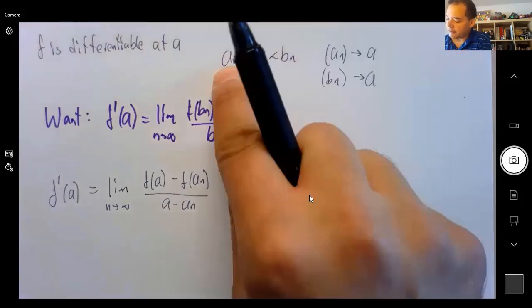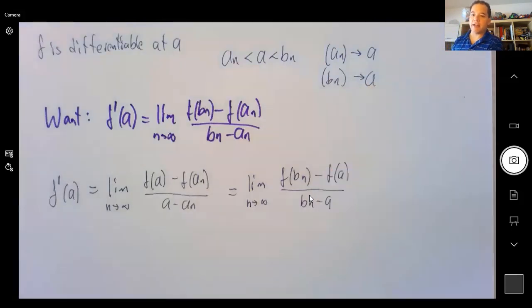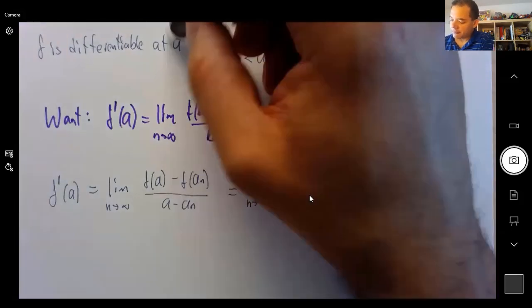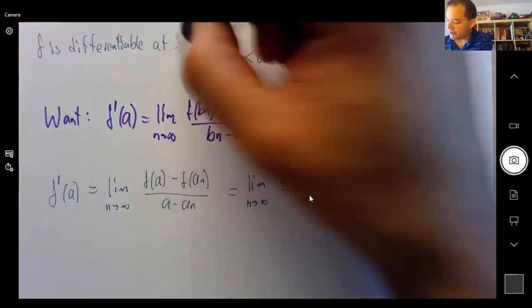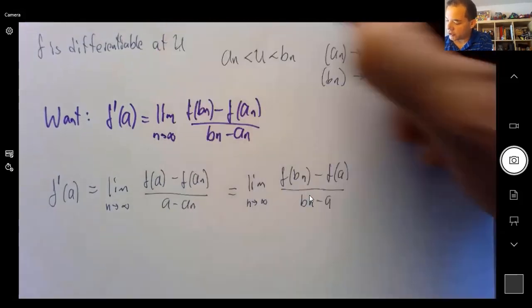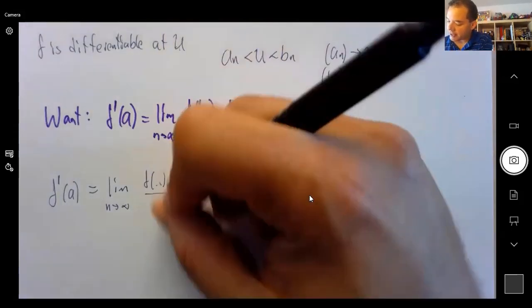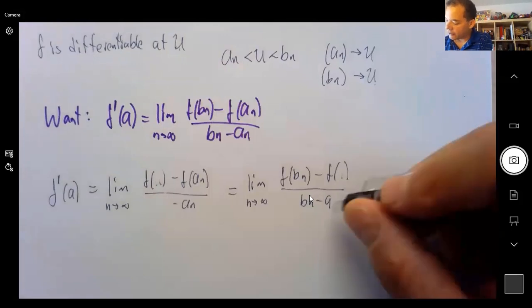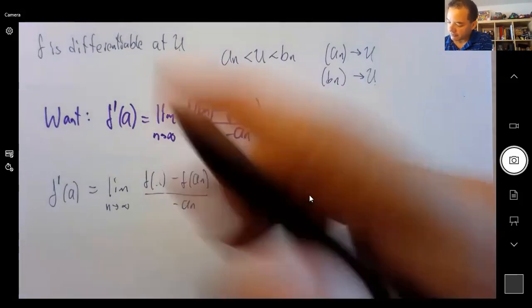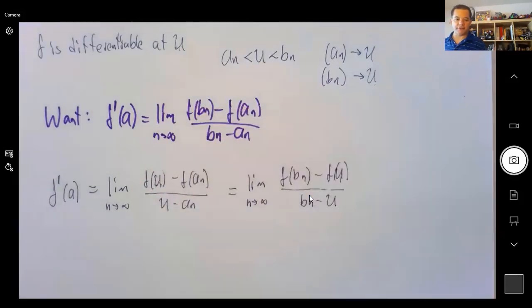I made the mistake of thinking bn approaches b, because I think an and a are related in some way, right? So maybe we should change this to some letter that doesn't have anything to do with a, n, or b. How about u? You see? The an's and the a don't have any relation. That's why I made a little mistake here. Thanks for the correction.